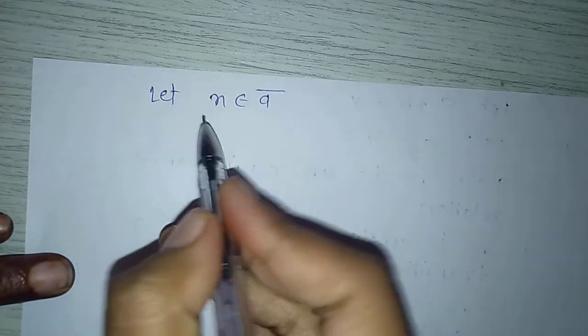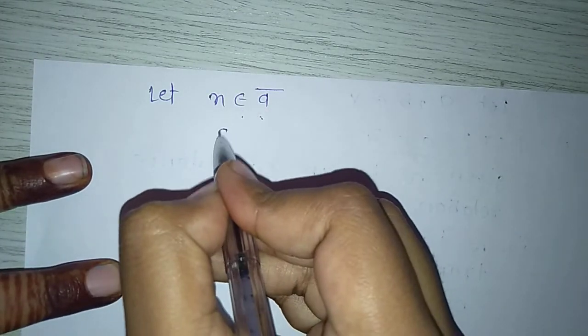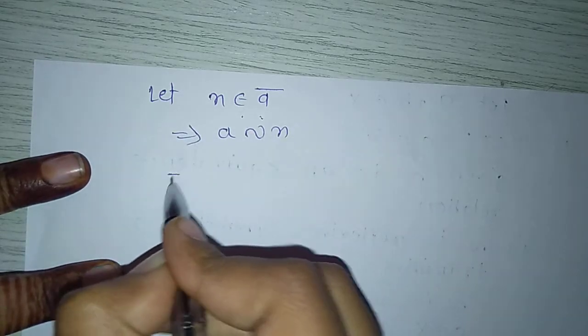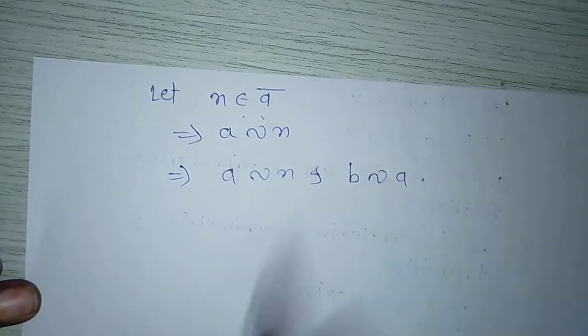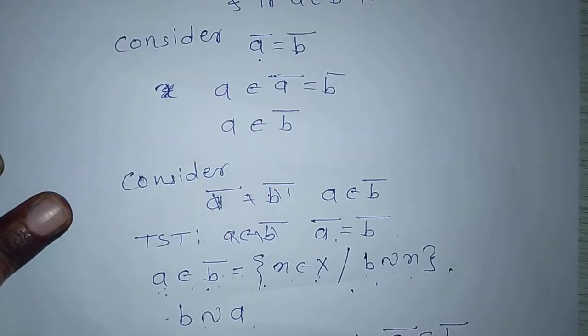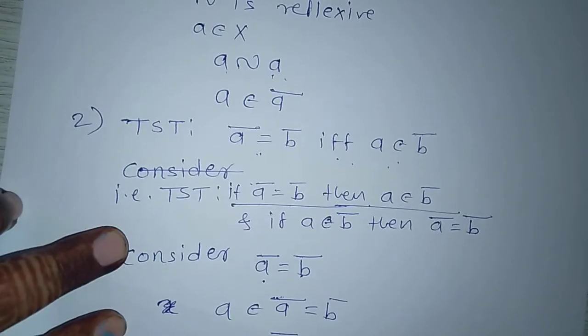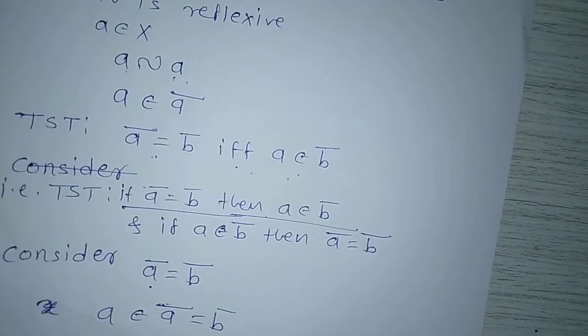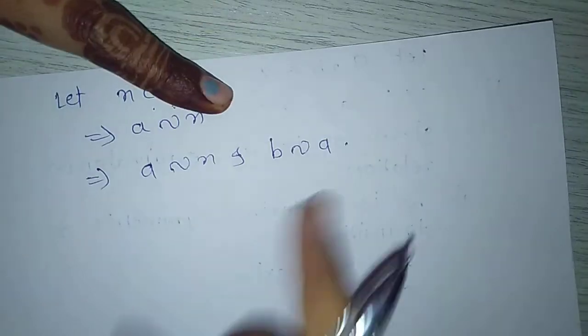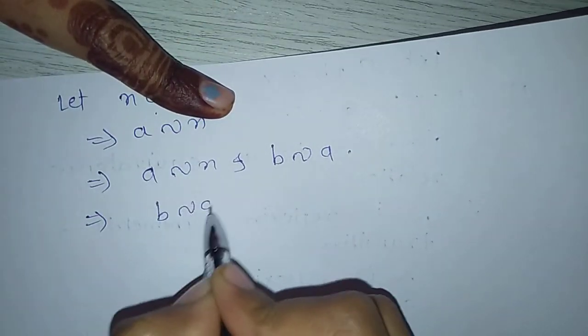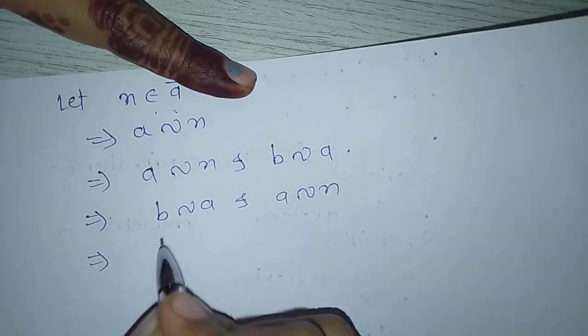Let x belong to A bar. x belongs to A bar means A relates to x, and we have B relates to A. From these two, B relates to A and A relates to x, which implies B relates to x.